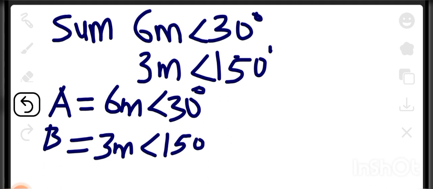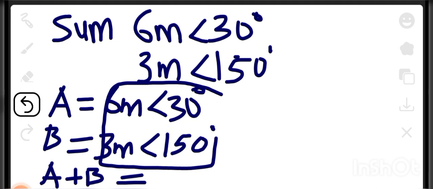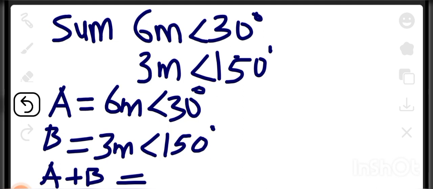The next thing is, what is A plus B? That is the sum. Sum means add the two together. You say find A plus B. We cannot add directly from here because this is polar form. We cannot add like this.